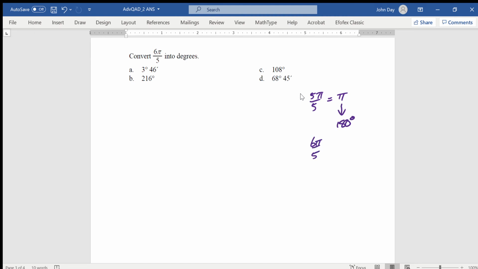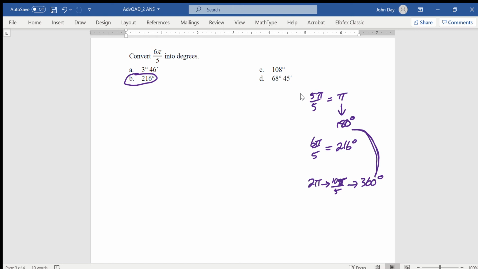We know 2 pi is way further on, as in 10 pi on 5, that's 360. So we're somewhere between 180 and 360, but closer to 180. So the only answer they've given us that could possibly be correct is 216. Just common sense and understanding the size of that will get you there.